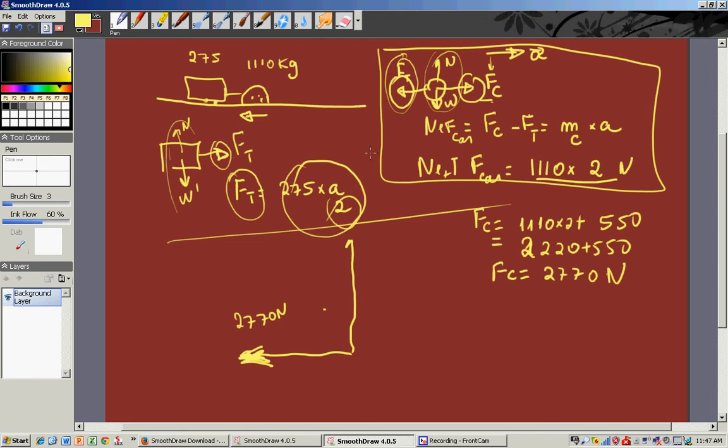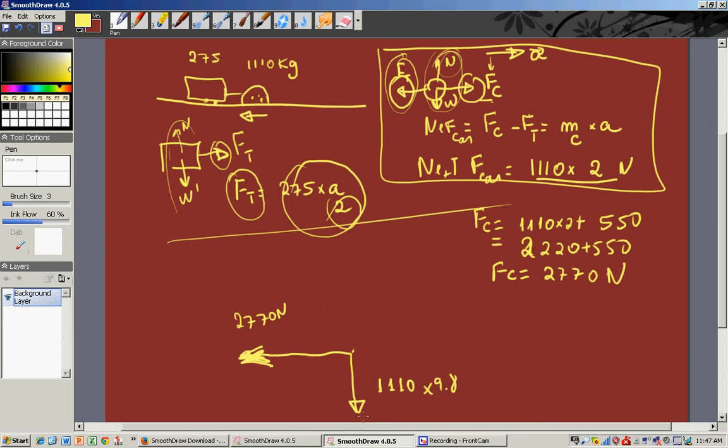So that's it, 2770 newtons, but also there is a normal force. No, I'm sorry. The car exerts a downward force on the road. So on the road, the car exerts a downward force, which is the action-reaction pair of the normal force, which is equal to its mass, 1110 times 9.8.